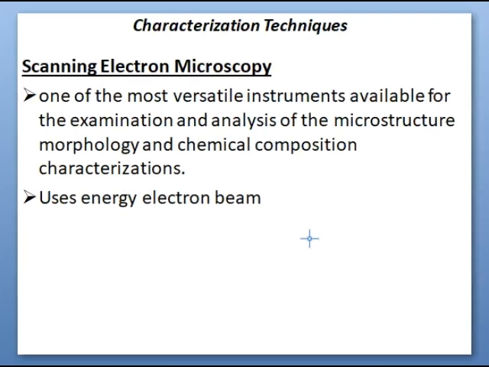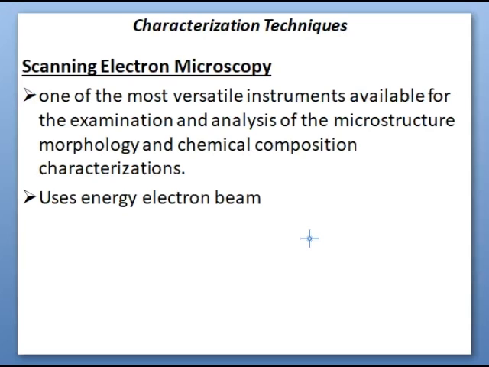Generally what happens is, whenever this microscope generates an image, it is generated based on the detection of electrons. So this is one of the most versatile instruments available for examination and analysis of the microstructure, morphology and chemical composition, as well as characterizations.